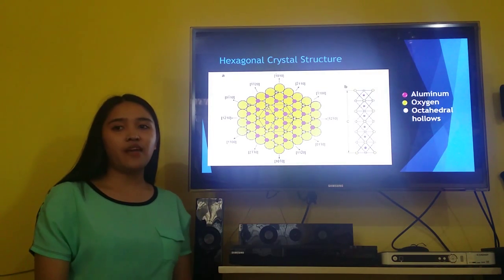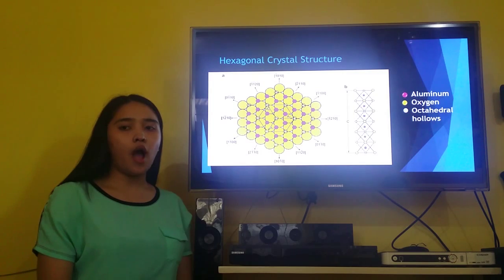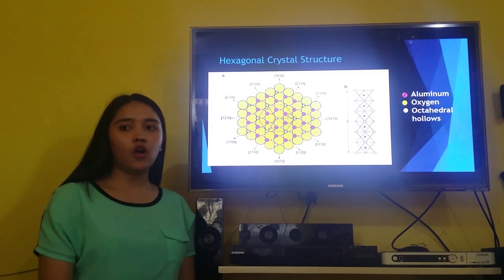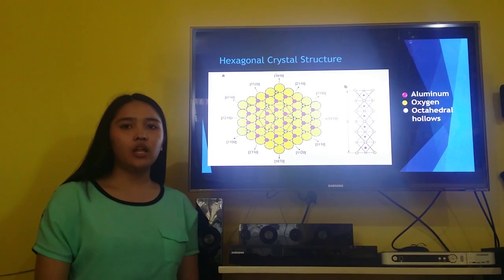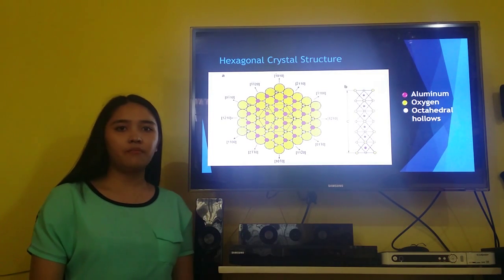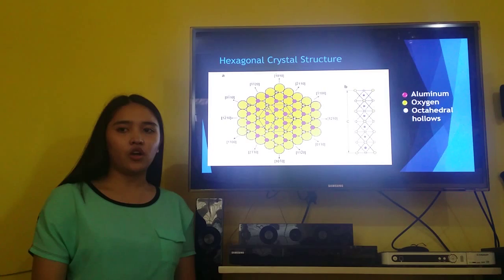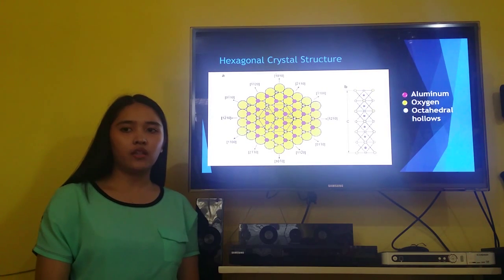To satisfy valency requirements, only 1 out of every 3 octahedral sites is unoccupied, so that each aluminum ion is surrounded by 6 oxygen ions, and each oxygen ion is surrounded by 4 aluminum ions.